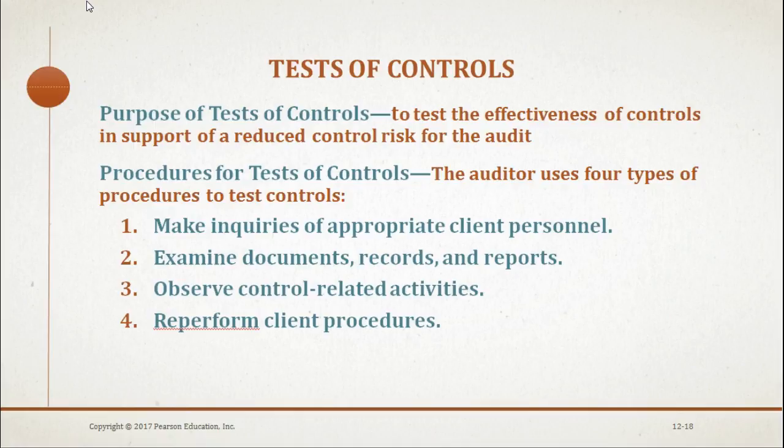The auditor uses 4 types of procedures to test controls. These procedures are to make inquiries of appropriate client personnel, to examine documents, records, and reports, to observe control-related activities, and to reperform client procedures.